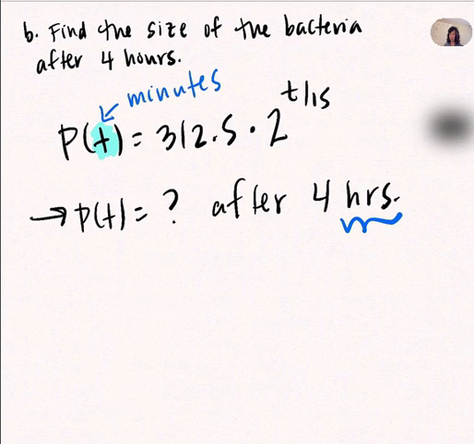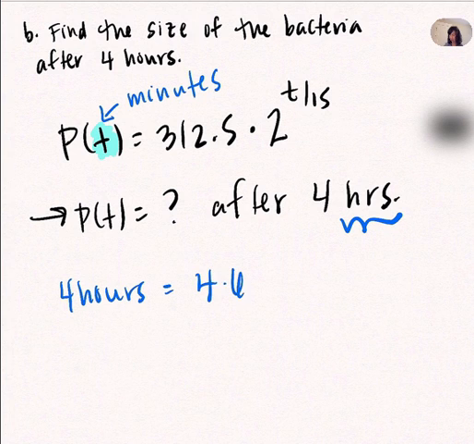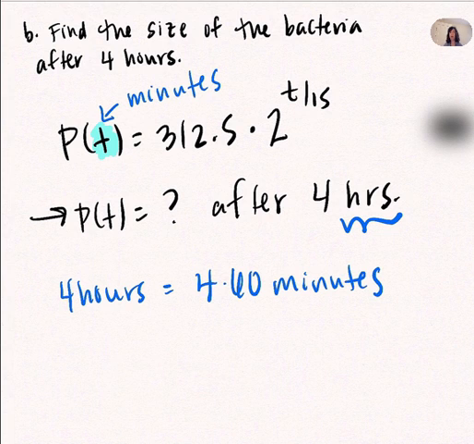So since this unit's in hours, we cannot just plug the 4 into the t value. We need this 4 hours to be in minutes instead. So before plugging in a t, we have to convert 4 hours to minutes. So 4 hours is actually equal to 4 times 60 minutes because there are 60 minutes in 1 hour. So this is equal to 240 minutes.